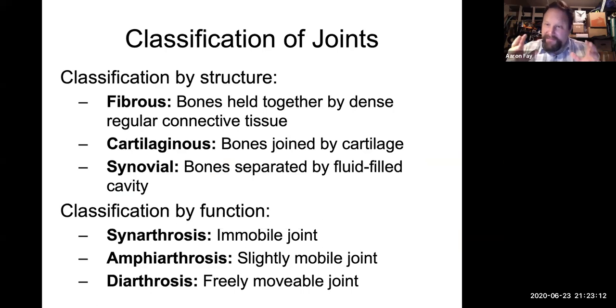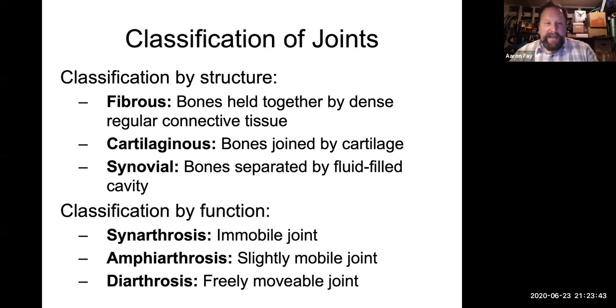So I mentioned we have 2 different ways of classifying joints. We can classify them by their structure. Another way of describing this is their anatomic, or structural, designation. So the 3 types of articulations based on their structure are classified by what is between the 2 bones. You can have a fibrous articulation, which means the 2 bones are held together by fibers, very often collagen fibers.